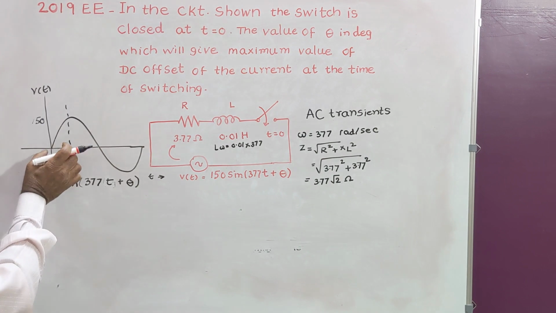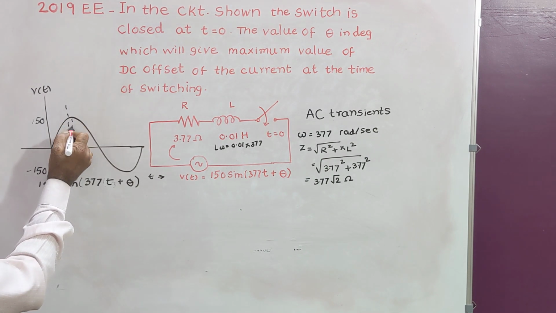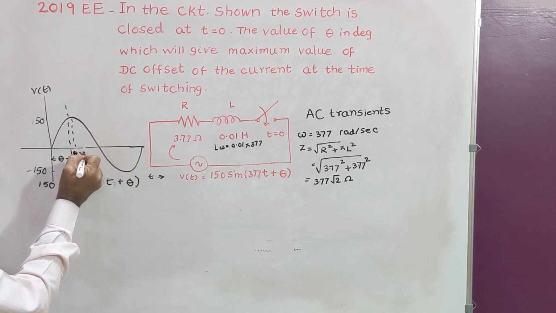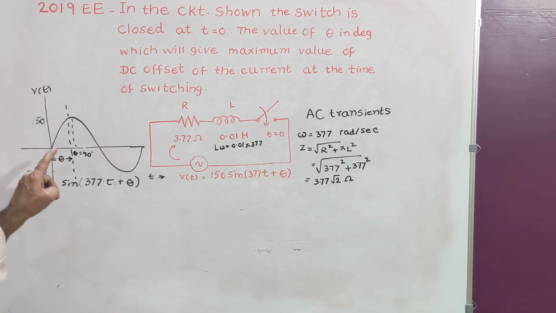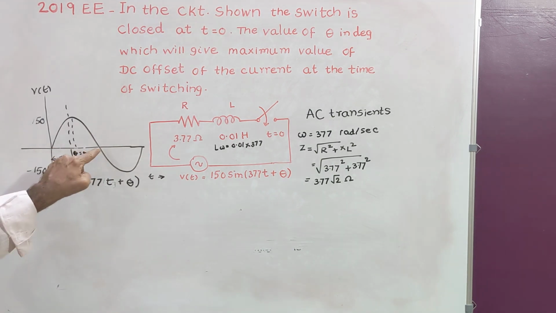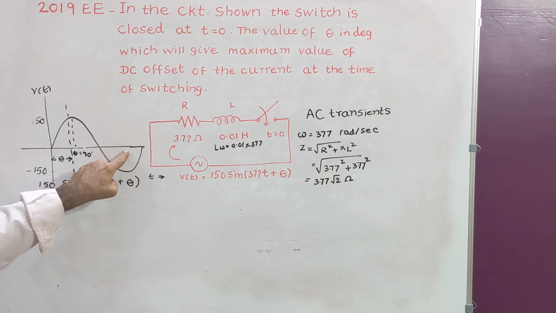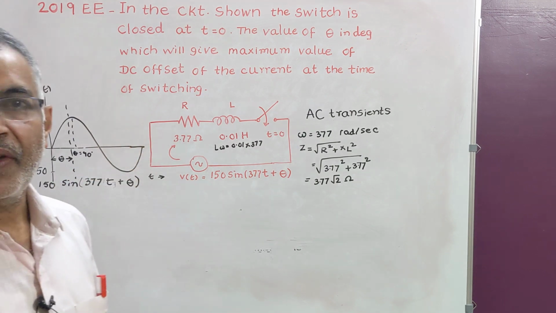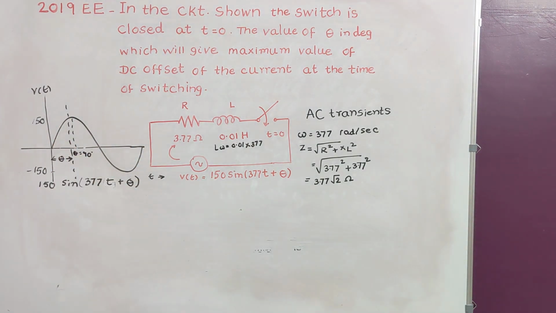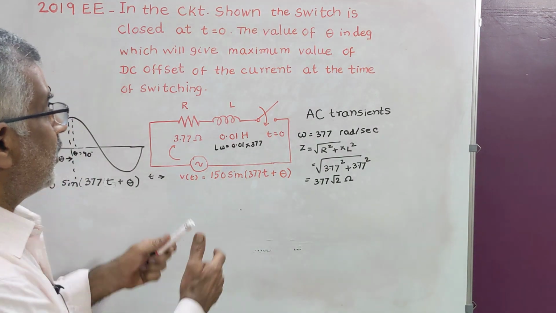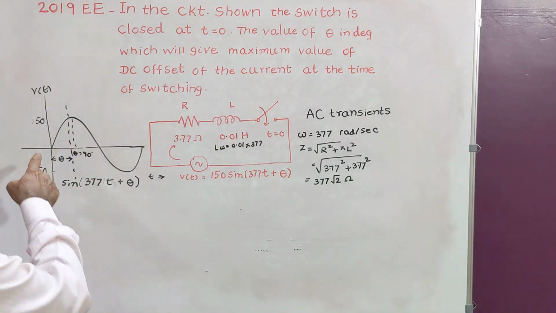For example, theta 90 degrees is here, theta 45 degrees here, theta 180 degrees, theta 270, theta 360. Okay, this is theta, the phase, because the switch may be closed here.